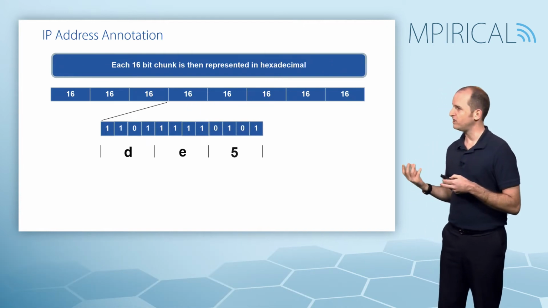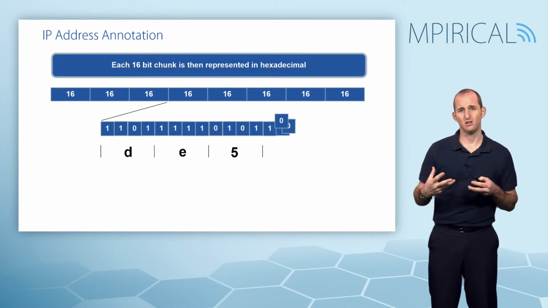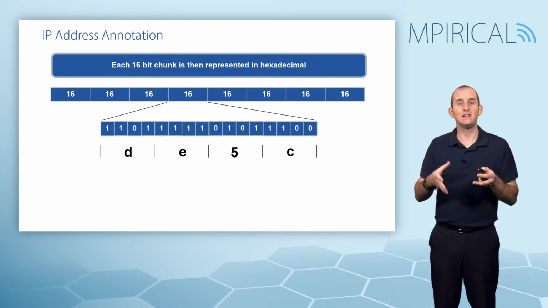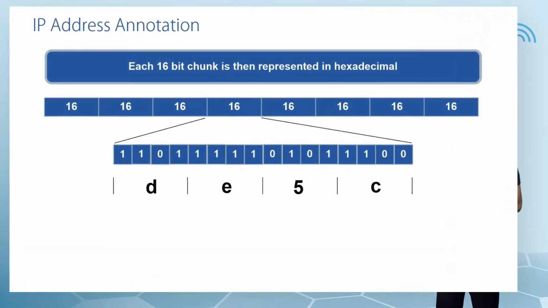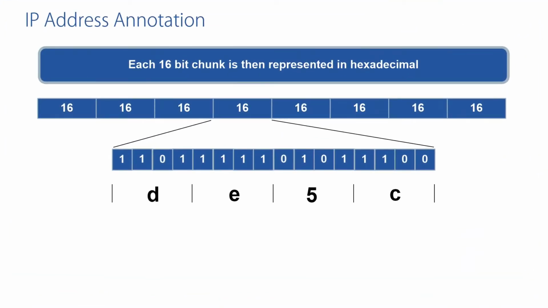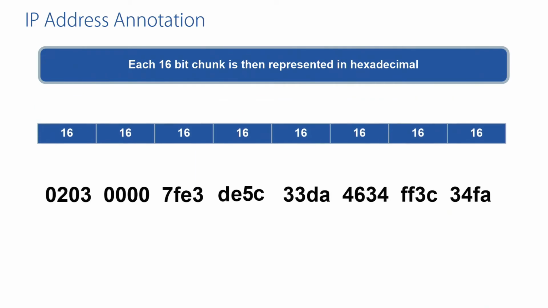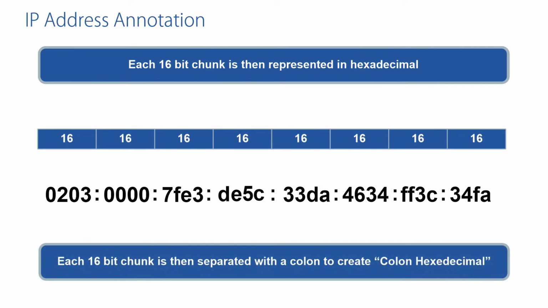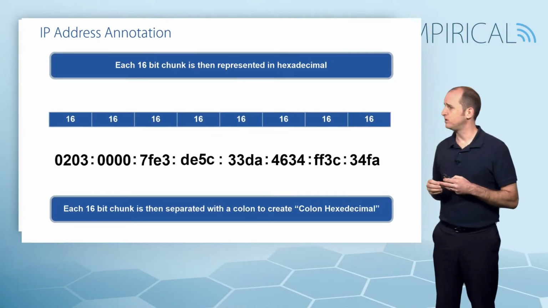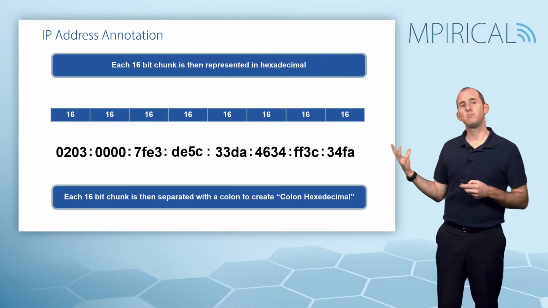But as you can appreciate, what we'll actually do is do that for every single block in the entire address. So we're just picking on one block here, and overall we actually need to do that for the entire address space. So there you can see each 16-bit chunk is separated by a colon.